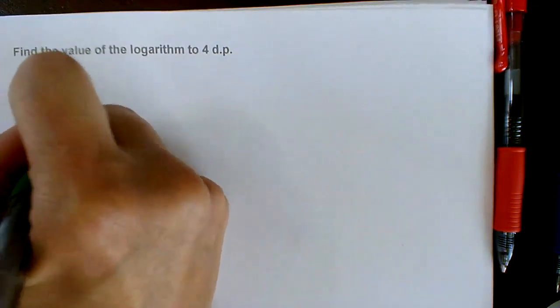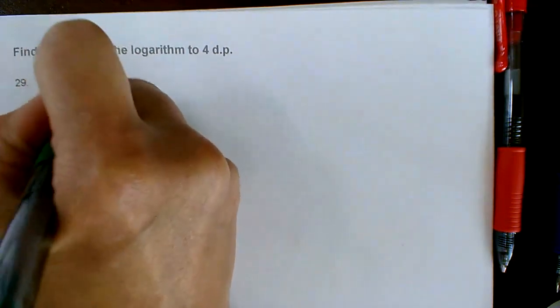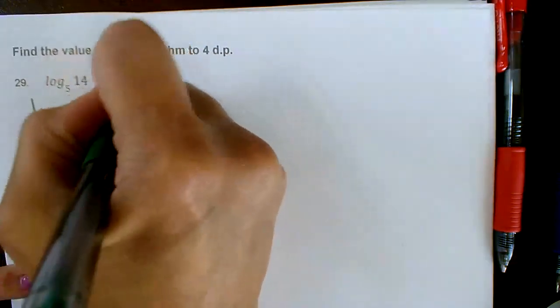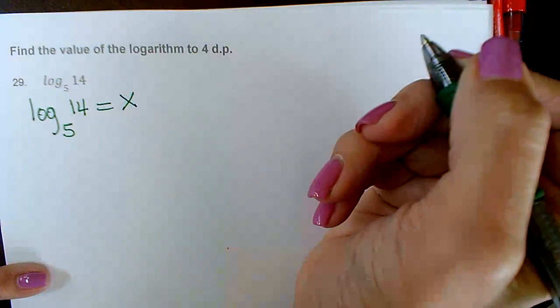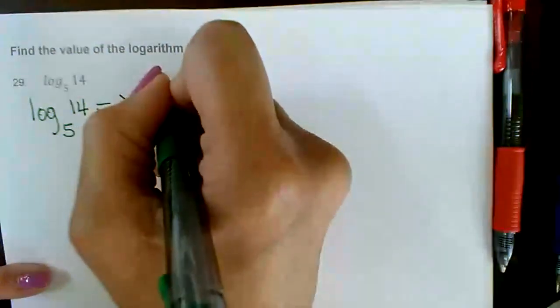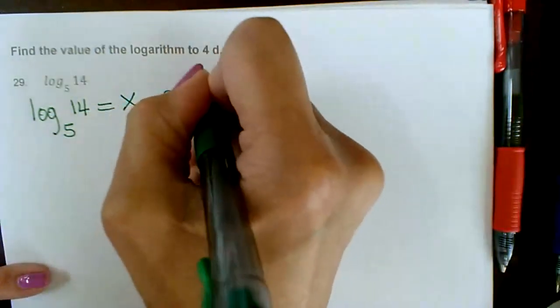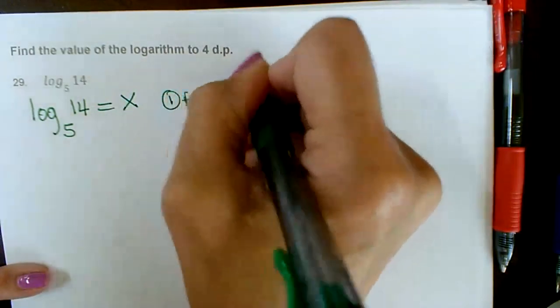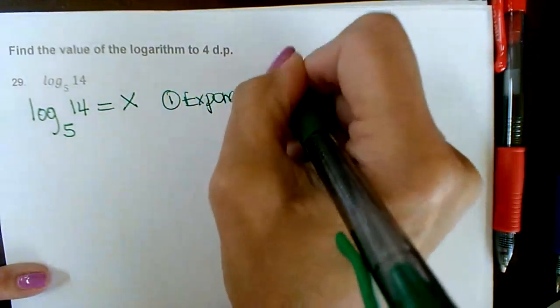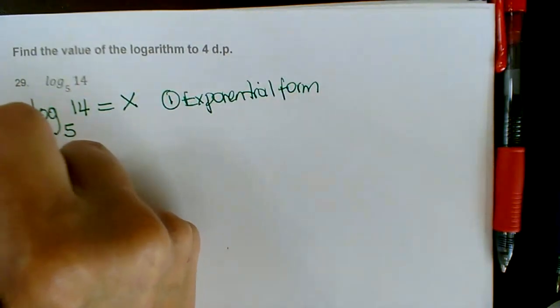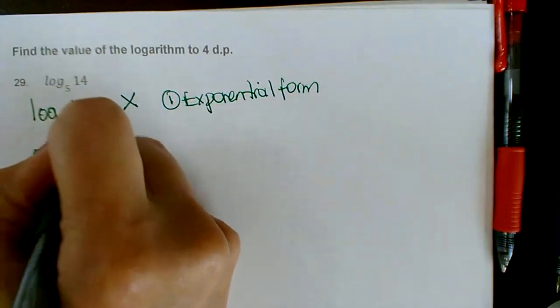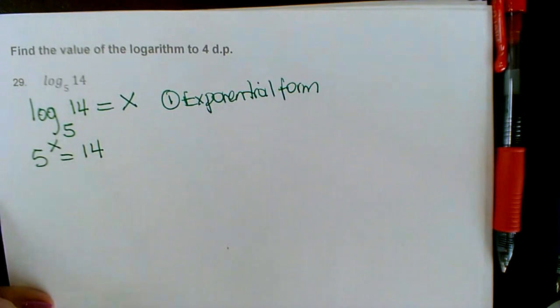Log base 5 of 14 is equal to x. So first, we're going to go to the exponential form. So it's going to be 5 to the x power equals 14, right?